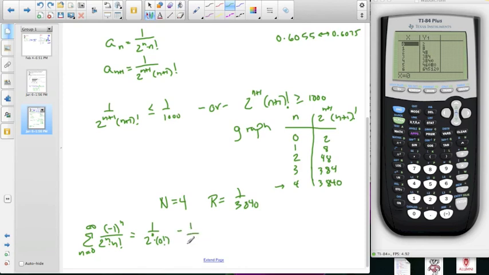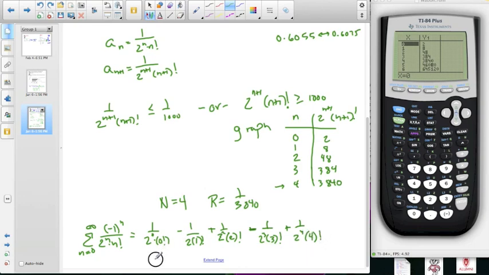minus 1 over 2 times 1 factorial, plus 1 over 2 squared times 2 factorial. So this is 0, 1, 2. This is the a sub 3 term, which is going to be minus 1 over 2 cubed times 3 factorial. And then we have 1 over 2 to the 4th times 4 factorial.